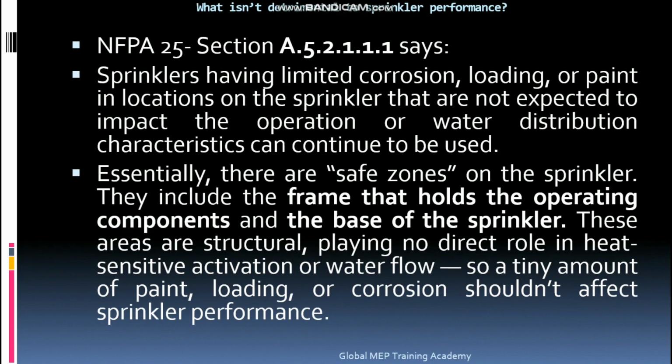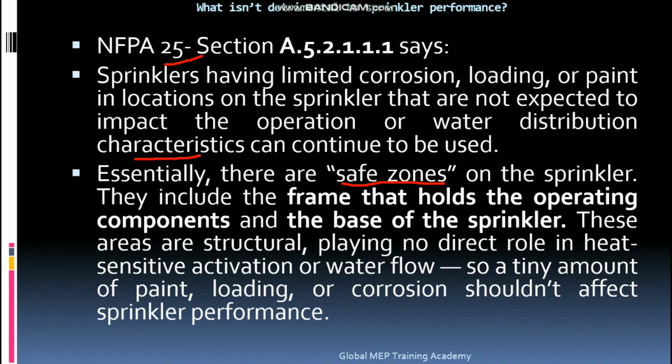So the next question is, what is acceptable? NFPA 25 has a very good explanation for this: sprinklers having limited corrosion, loading or paint in locations on the sprinklers that are not expected to impact the operation or water distribution characteristics. This is the important thing, so we can call it a safe zone. The one specific point you can see on the sprinkler is the sprinkler frame.